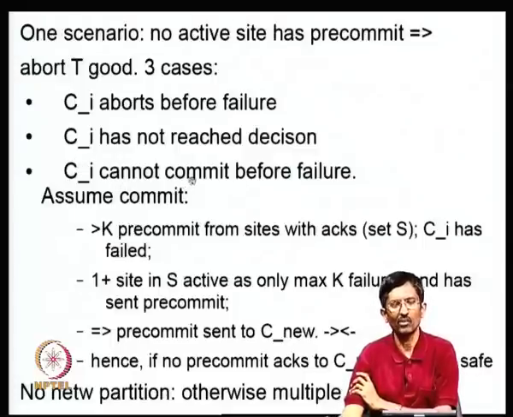You can show that it is not possible, because if you assume that CI has committed, then at least more than k pre-commits from sites have to have come in, and the new coordinator sees those things. Since the new coordinator sees it, a pre-commit must have already been there, but I am saying that no active site has one, a contradiction. Therefore, abort is quite safe in this case also.